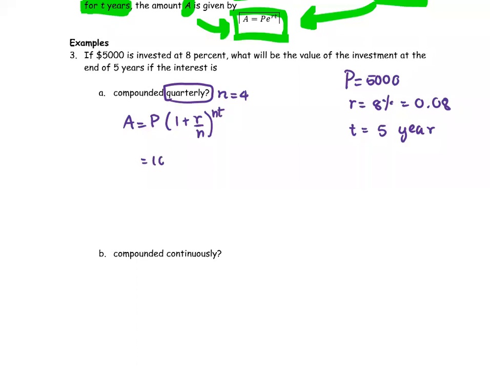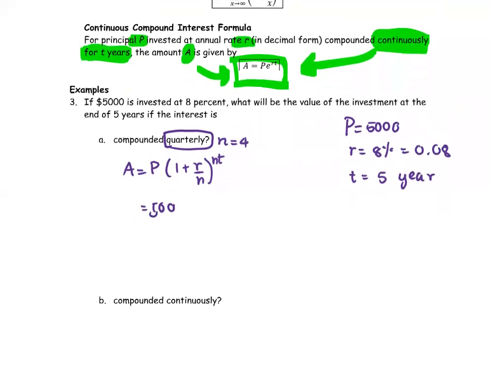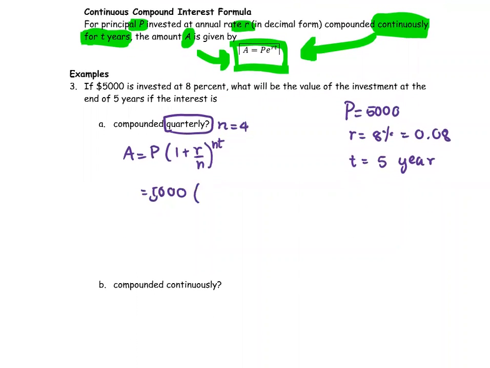P is 5,000. So 5,000 multiplied by 1 plus r, which is 0.08, divided by 4, raised to the power n, which is 4, multiplied by t, which is 5. This number can be simplified. Otherwise, you can just type it in as it looks in the calculator.